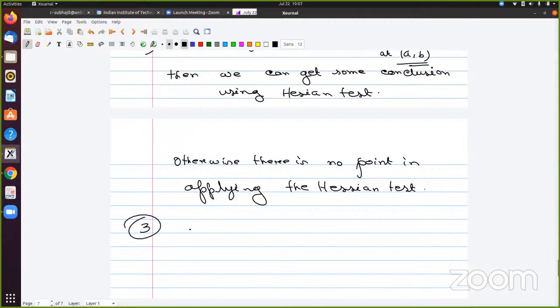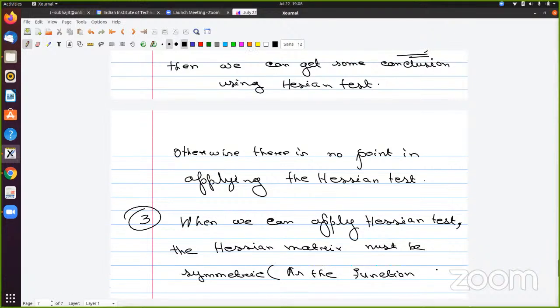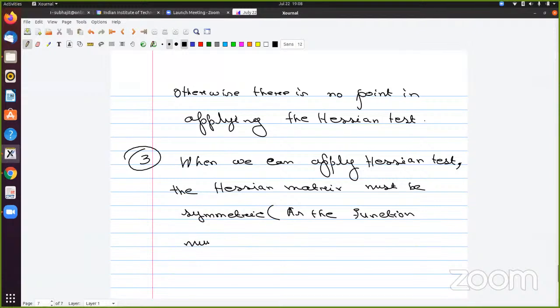The third thing is, when we can apply the Hessian test, the Hessian matrix must be symmetric, as the function must satisfy Clairaut's theorem.